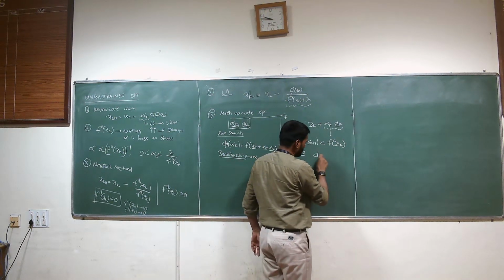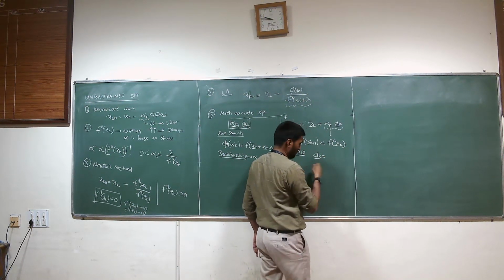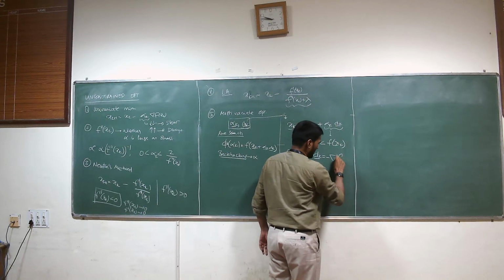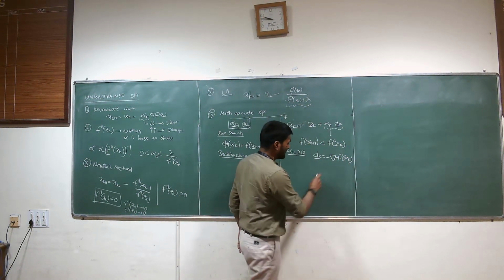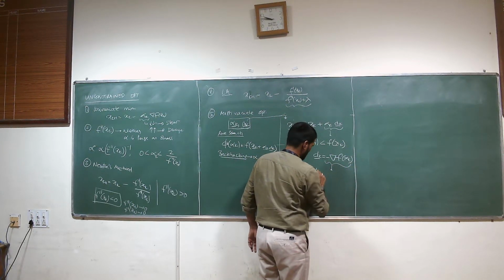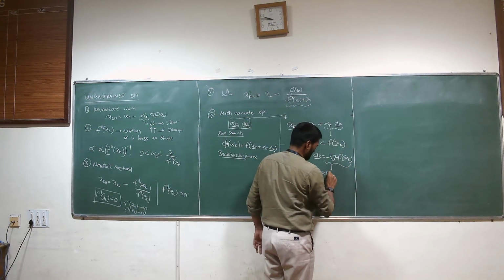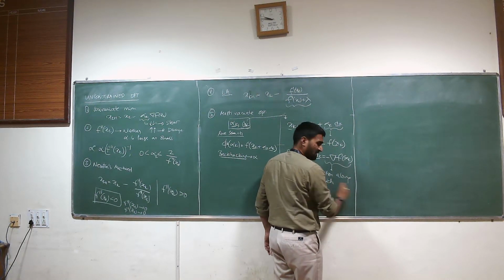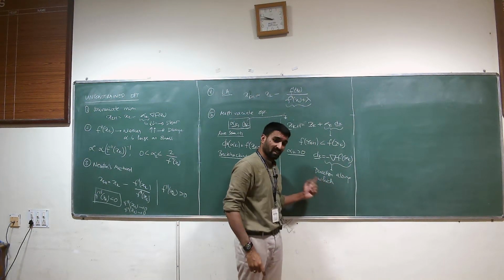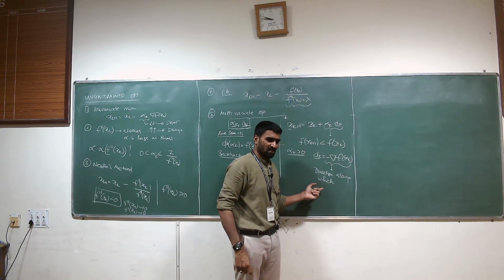And the choice of dk that we saw so far was always negative of the gradient of f at xk. This is the direction along which the function decreases the most.